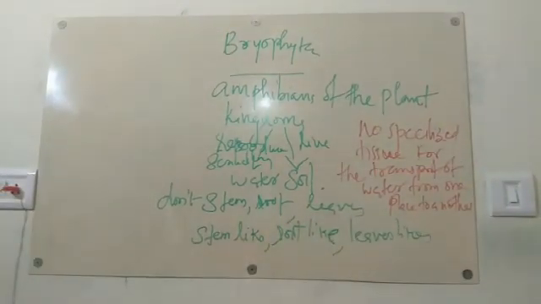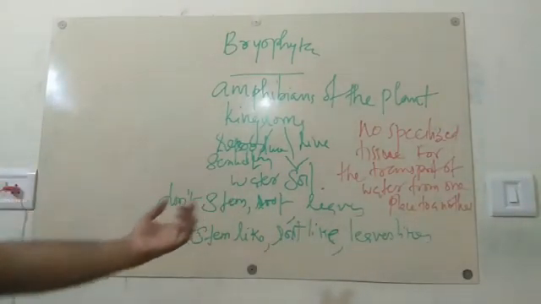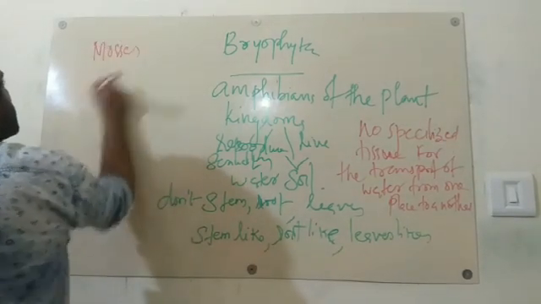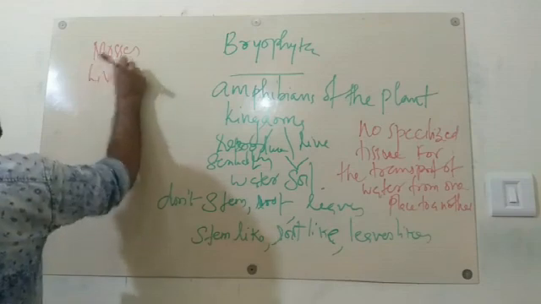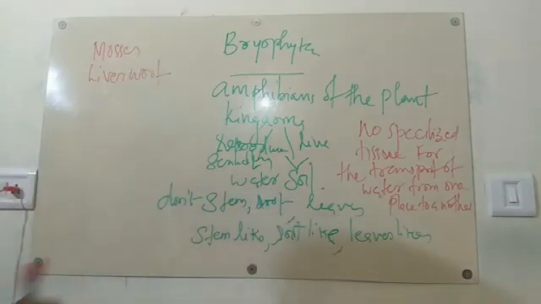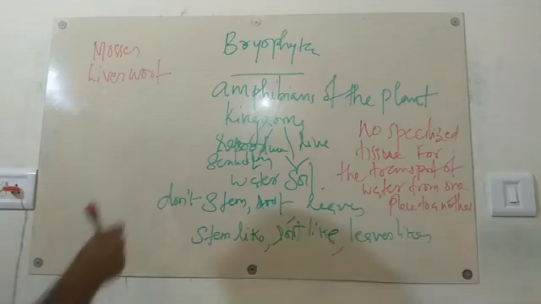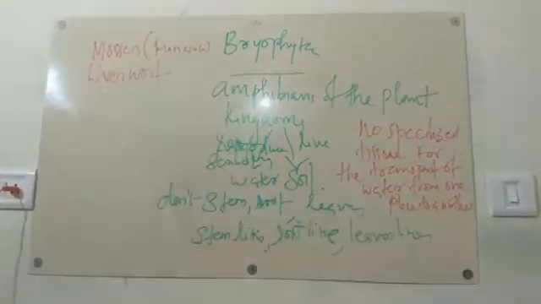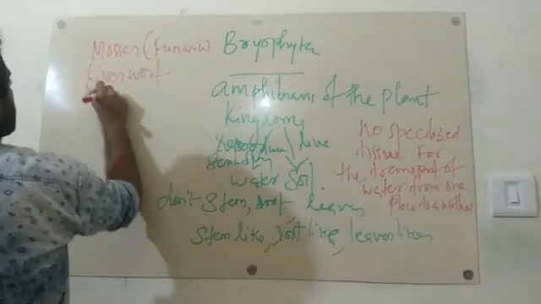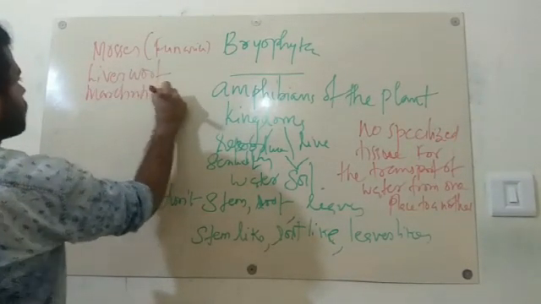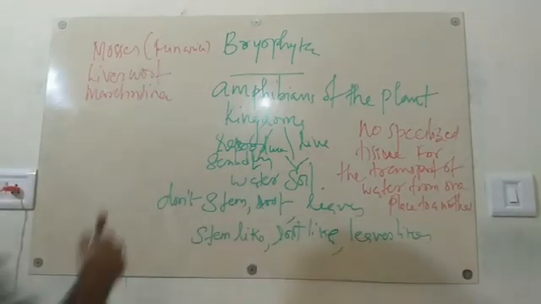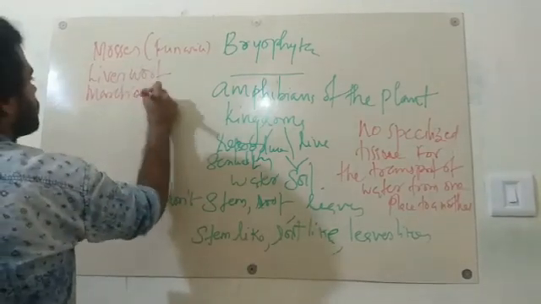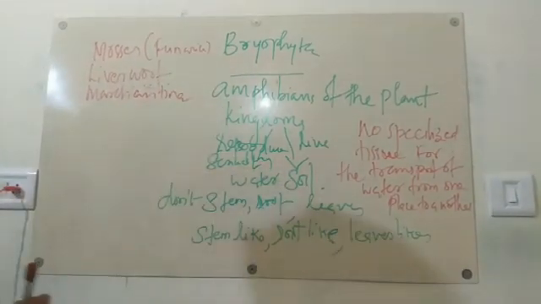So examples for them are mosses, liverwort, Funaria, and at last Marchantia.